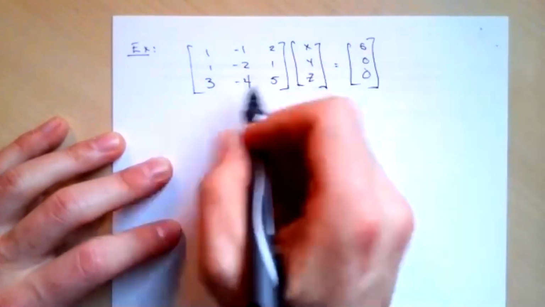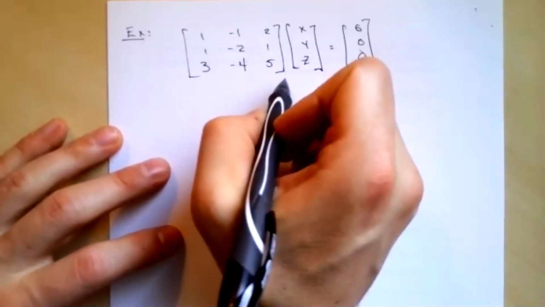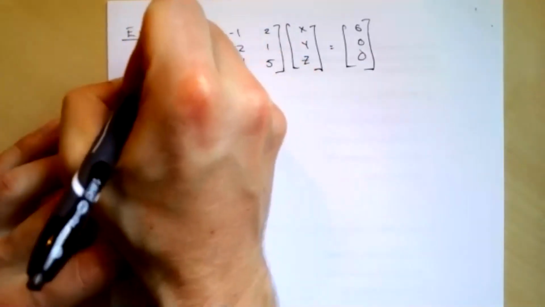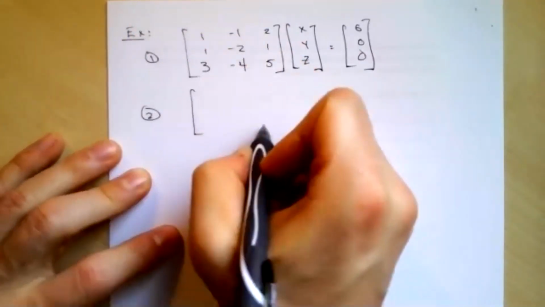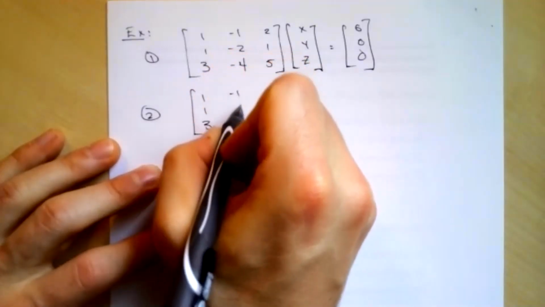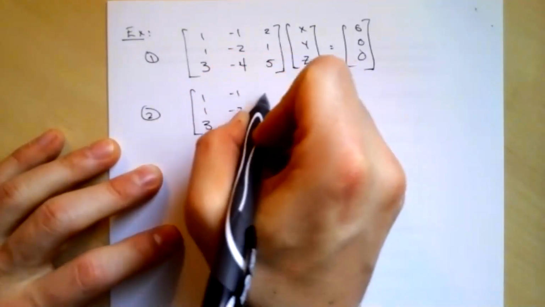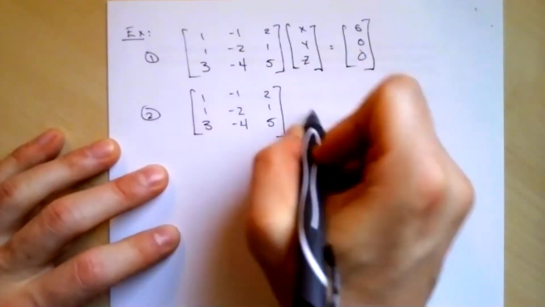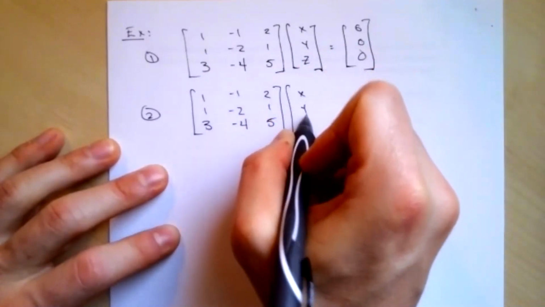So we want to find the homogeneous solution and then find the specific solution, or the general solution, I guess I should say, to the full equation.